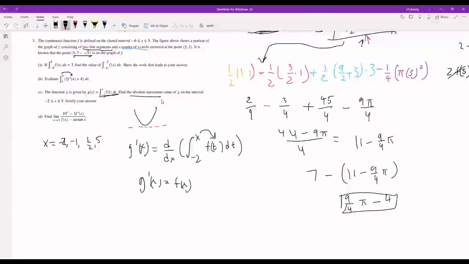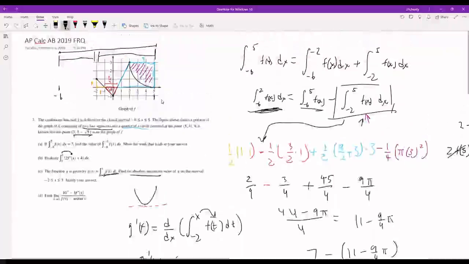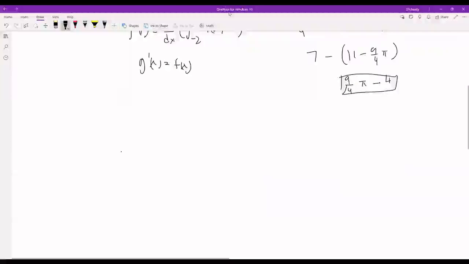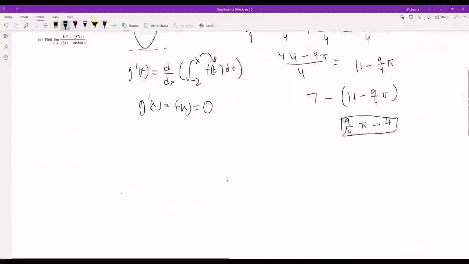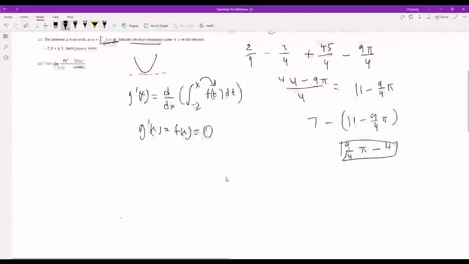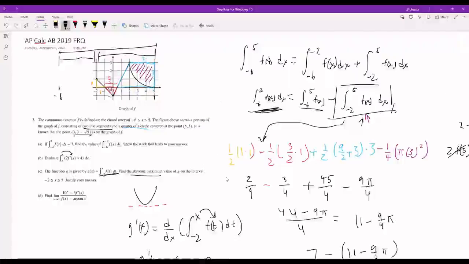And actually I jumped the gun here because I've already solved the problem to make sure I knew how to do it. But yeah, so f of x equals 0. So now we just look at where f of x is 0? Well, it's here, here, and here.